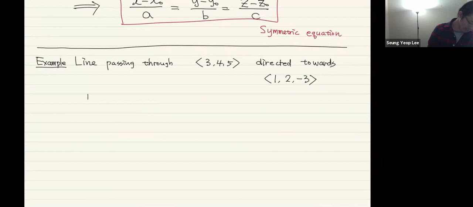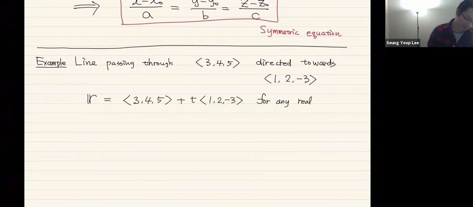That line is given by the vector r, pointing toward any point on the line, which can be given as 3, 4, 5 plus t times 1, 2, 3 for any real value t, plus number or minus number. So that's one representation of the line.